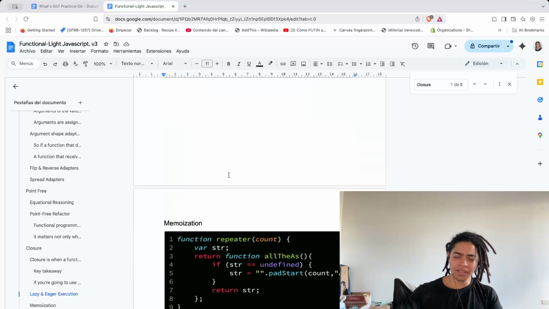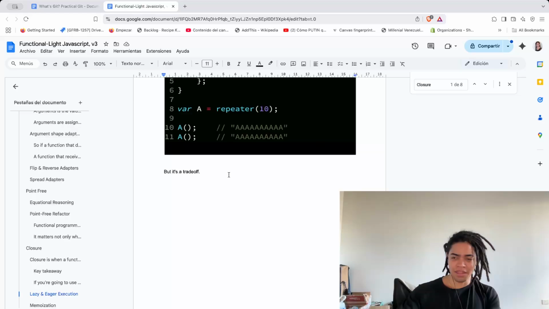So when you for some reason want to cache your result, wouldn't it be nice to have some sort of way to do that? For example, let's say you now compute this, but if you already computed that data, you don't need to recompute it. You just want to have access to that data.